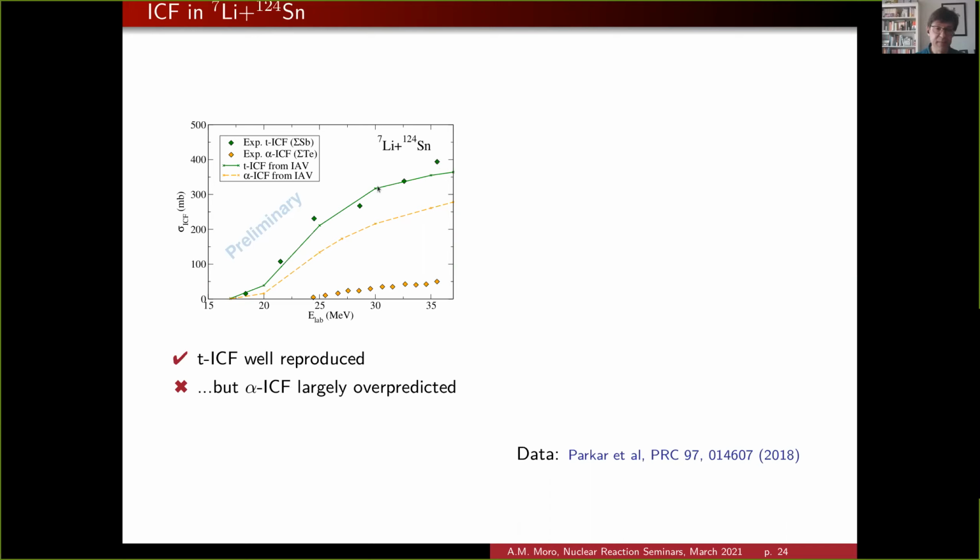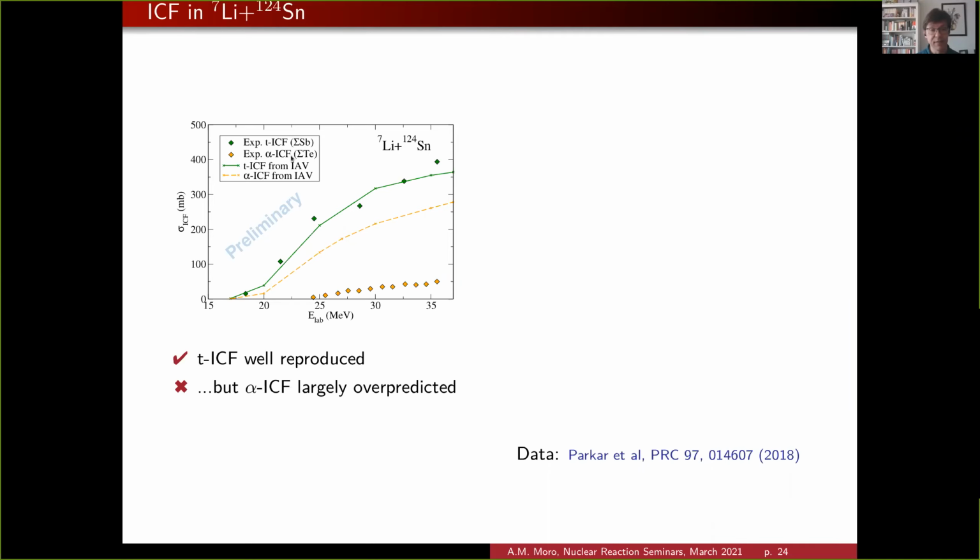These diamonds correspond to the triton complete fusion, which is actually the sum of these isotopes, which are supposed to be the main contributors to the triton complete fusion, meaning the triton is absorbed by the target and the alpha particle survives. And this one agrees very well with the data. Again, sorry for not having the error bars.